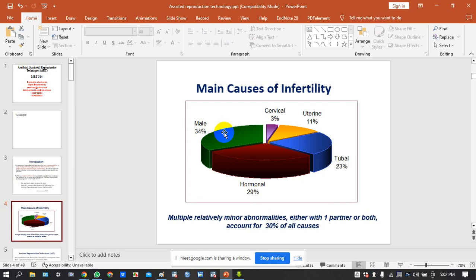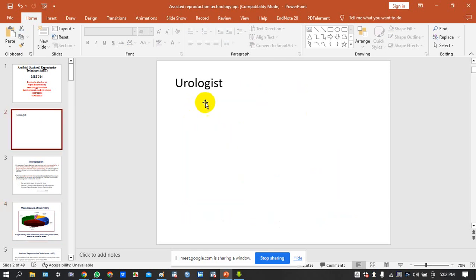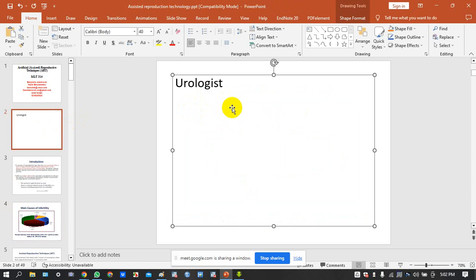Normally every male is supposed to produce a normal level of testosterone, then luteinizing hormone.